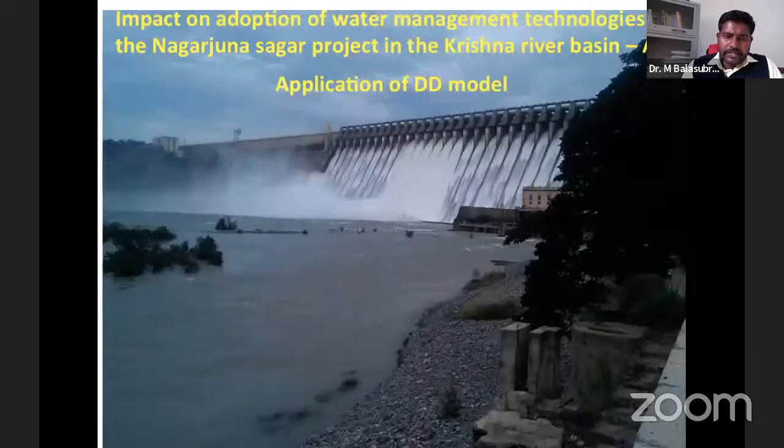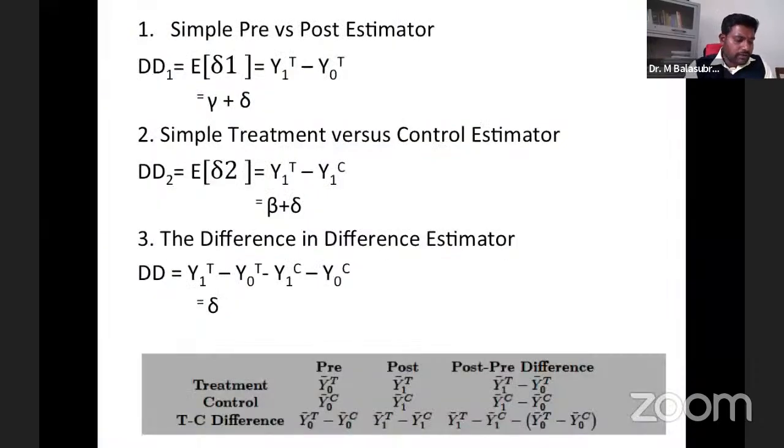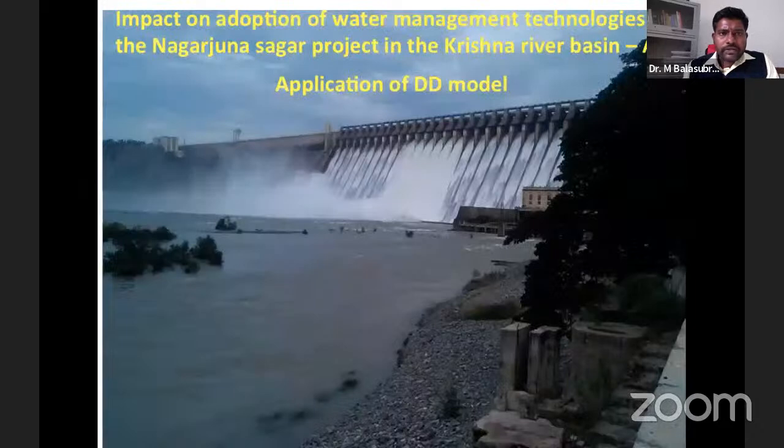And this simple tool was used in one of my research works, which I am going to present now, on the adoption of water management technologies.